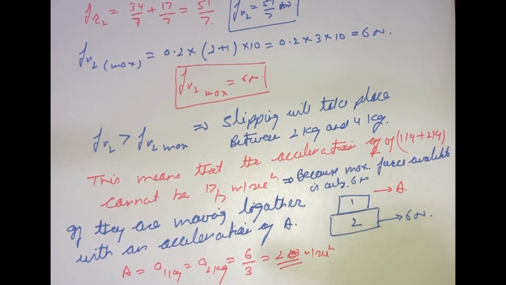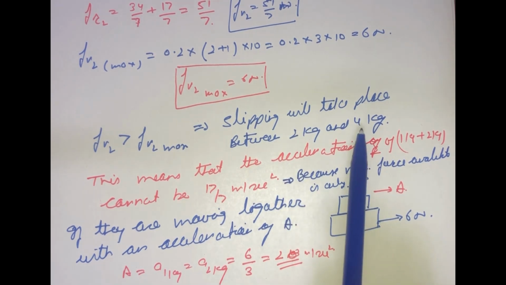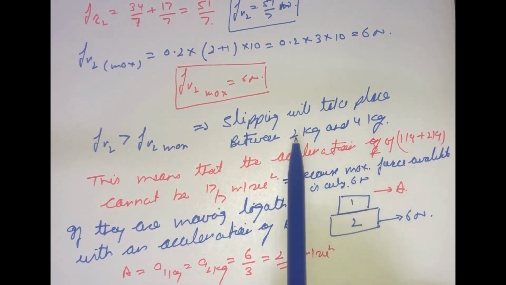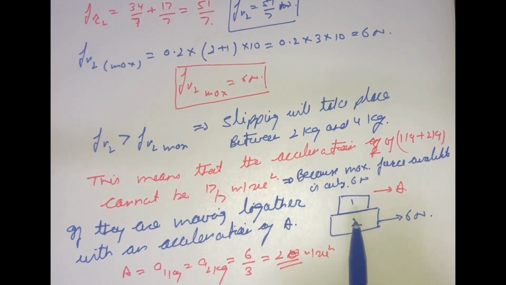So this is a very important consideration, that the slipping between 2 and 4 kg will impact the overall acceleration of the 1 kg as well as 2 kg, because the applied force on the 2 kg block will change.